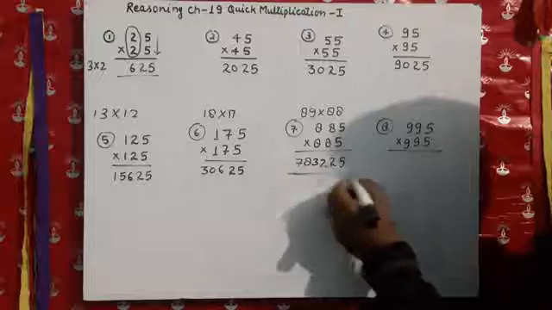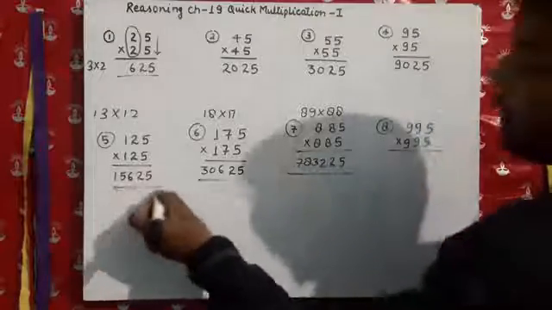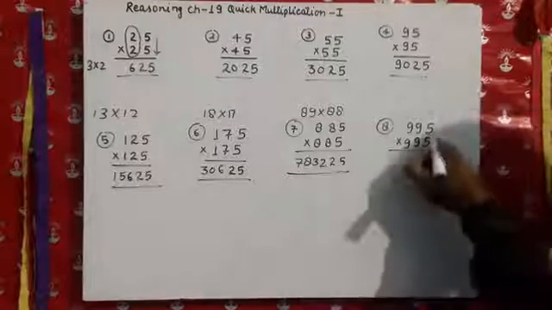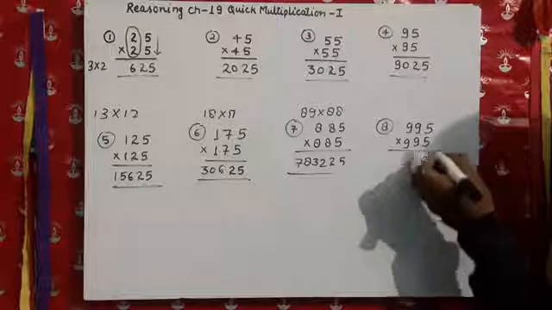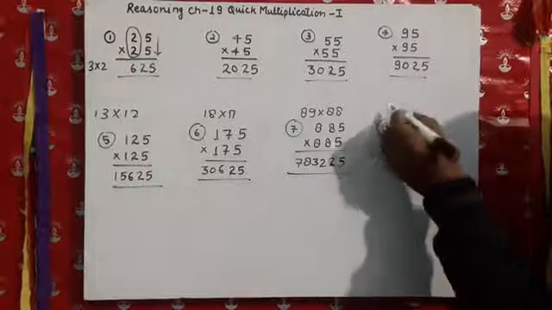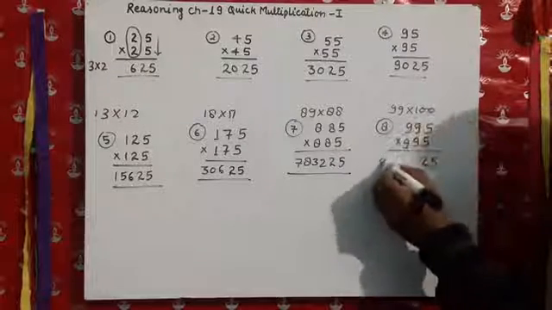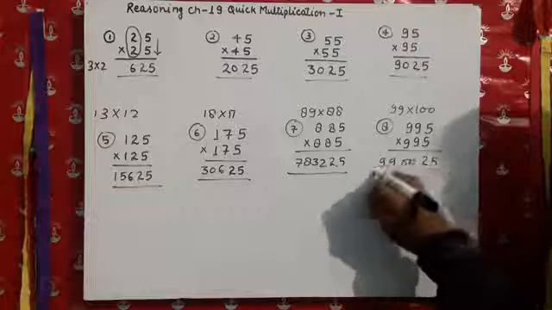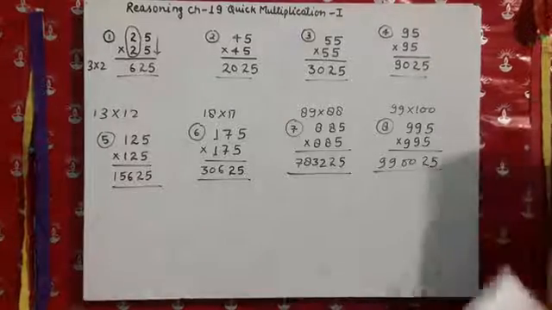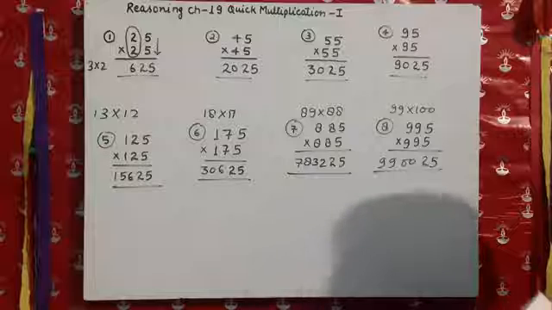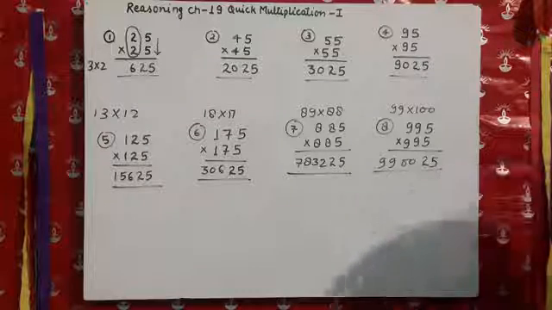So these will be the answers of the questions by the quick multiplication method. Now 5 fives are 25 and 99 multiplied by 100, so it becomes 9900. So questions 1 to 8 I have solved. The remaining part you have to do by yourself.